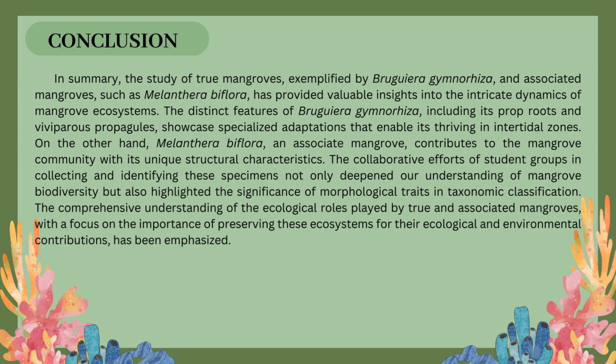Conclusion. In summary, the study of true mangroves exemplified by Bruguiera gymnorrhiza and associate mangroves such as Melothria biflora has provided valuable insights into the intricate dynamics of the mangrove ecosystem. The distinct features of Bruguiera gymnorrhiza, including its prop roots and viviparous propagules, showcase specialized adaptations that enable it to thrive in intertidal zones. On the other hand, Melothria biflora, an associate mangrove, contributes to the mangrove community with its unique structural characteristics.